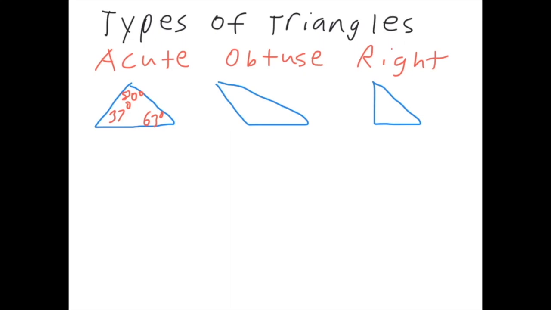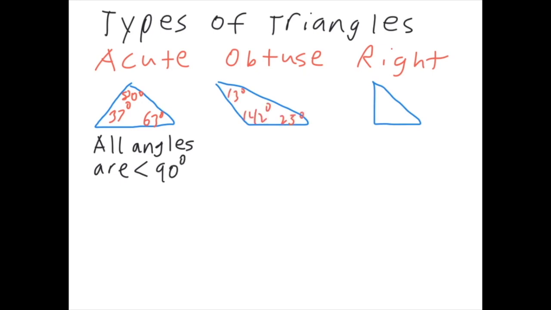Second of all, an acute triangle is one where all the angles of the triangle are acute angles. So, all angles are less than 90 degrees.